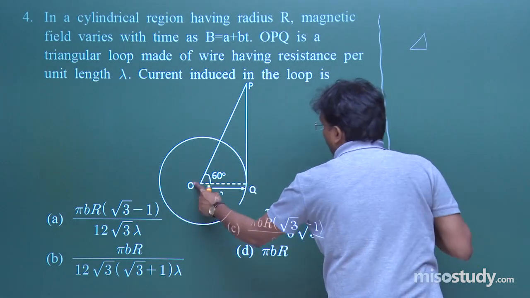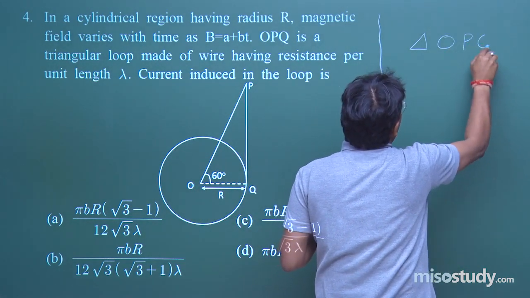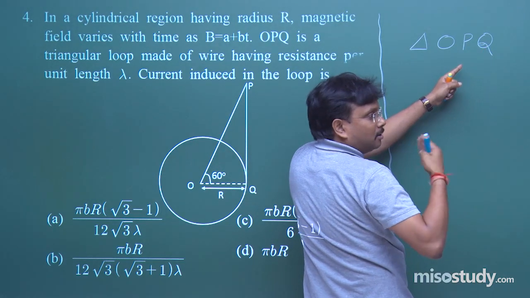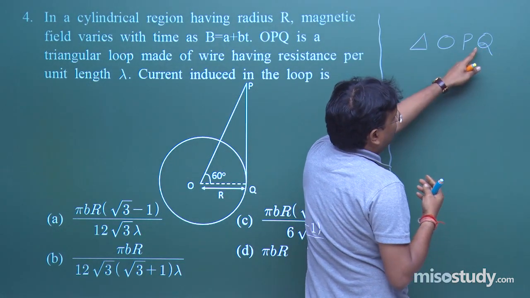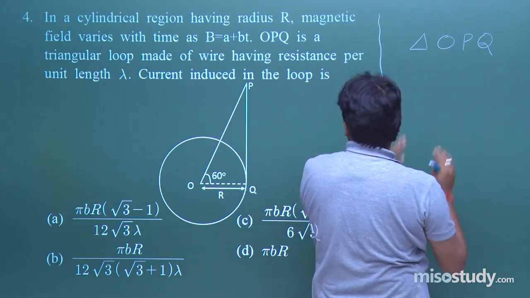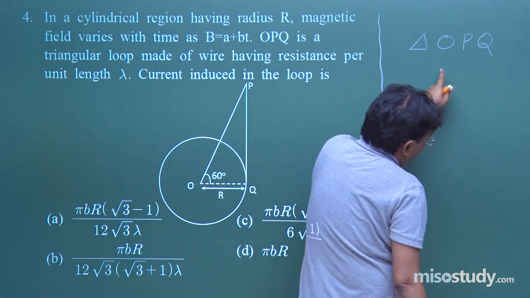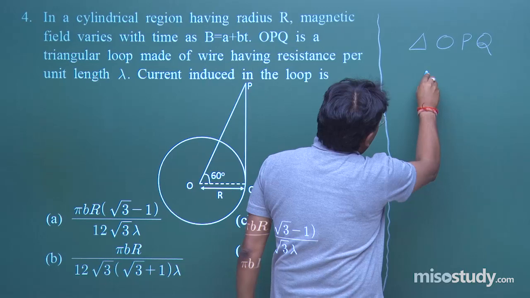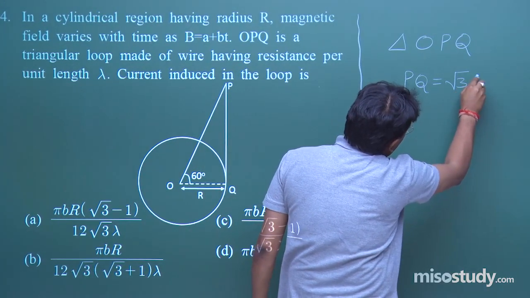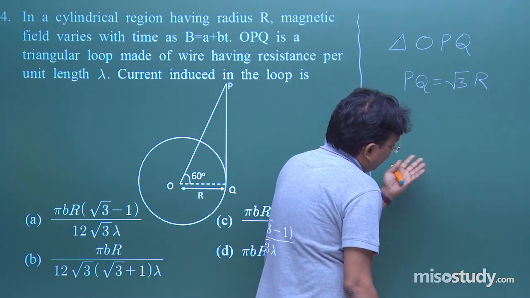Triangle OPQ. I am writing it over here. I am repeatedly saying, you just have to listen and take a look over here. If required and the diagram is visible, you can quickly take a look at the diagram also. In triangle OPQ, PQ is equal to root 3r. This is based upon basic algebra.